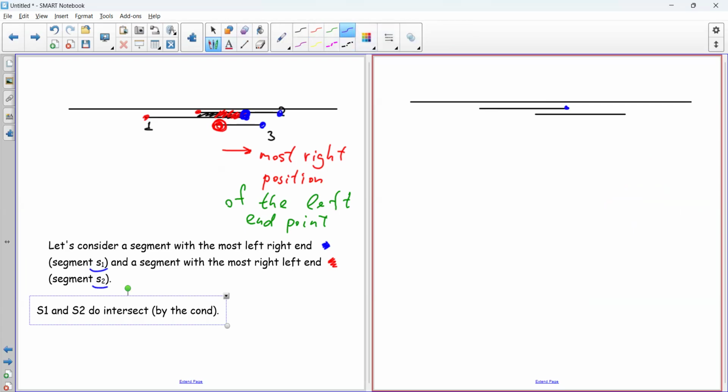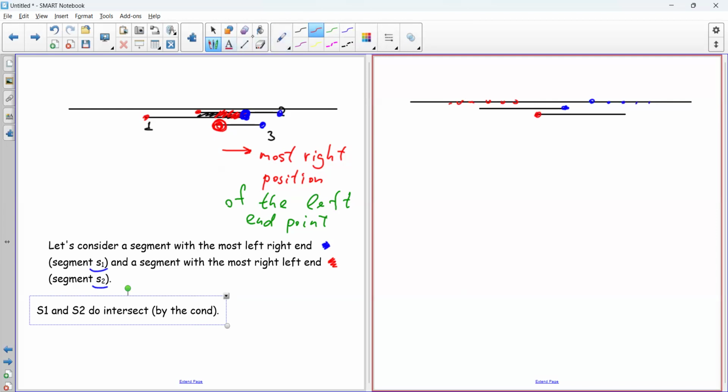Still not taking the picture too seriously, but what we can say is that any other blue point would be to the right from this one, and any other red point would be to the left from this red point.